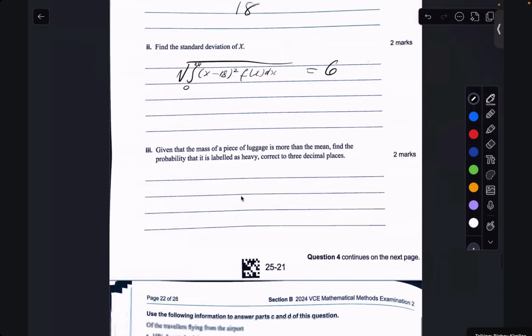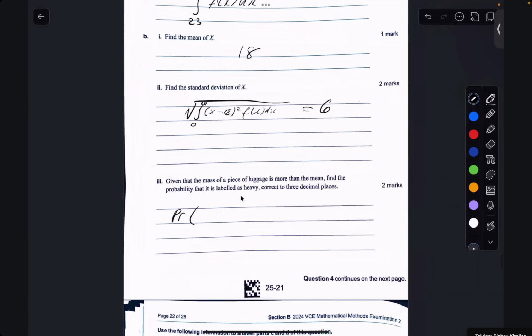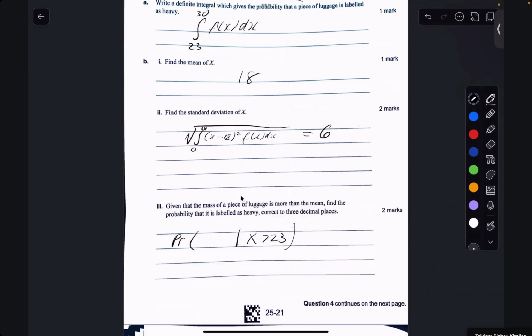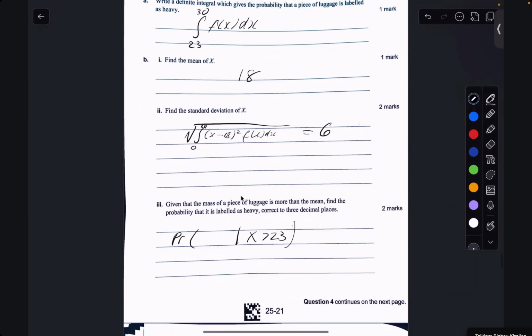Given that the mass of a piece of luggage is more than the mean, so given that x is more than 23, find the probability that it is labeled as heavy. Oh, more than the mean. Sorry, more than 18.